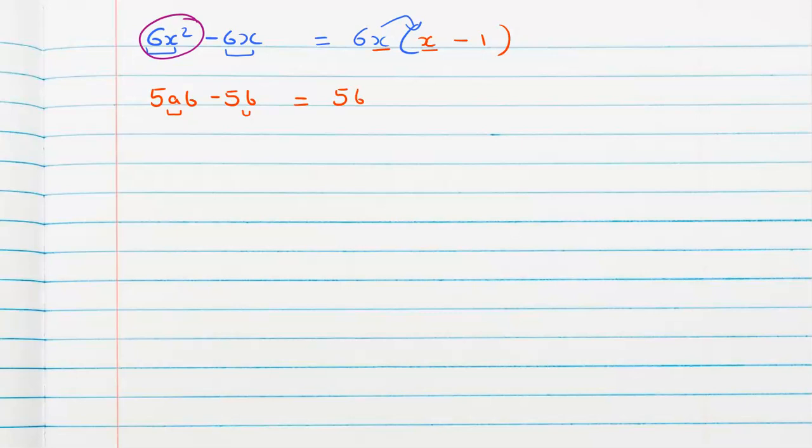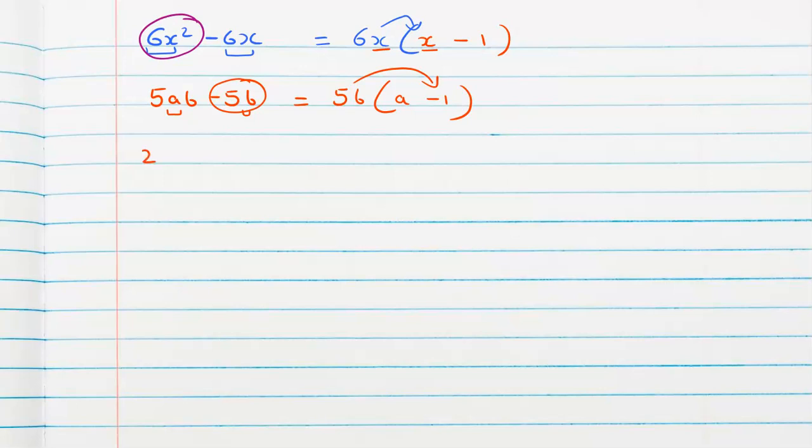So we will write 5b, and inside will be the remaining numbers or variables. So in this case we have a minus 1, because remember, 5b times negative 1, we get negative 5b. So this is our answer for this one.